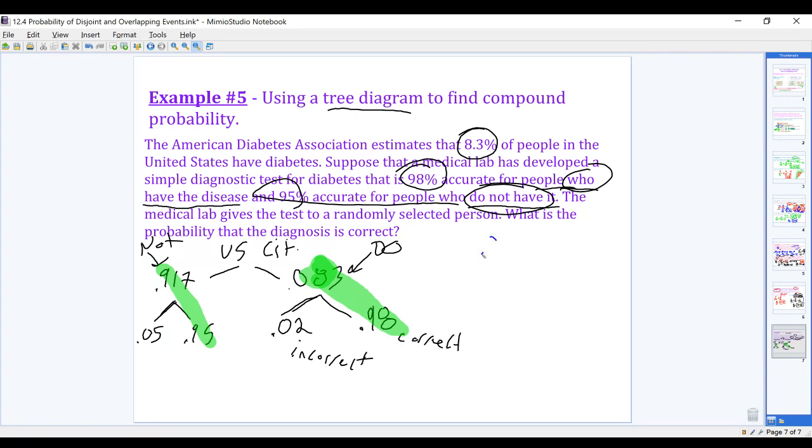So 0.083 times 0.98. And we're going to add, I ran out of room, the other stuff, the other side of the tree.